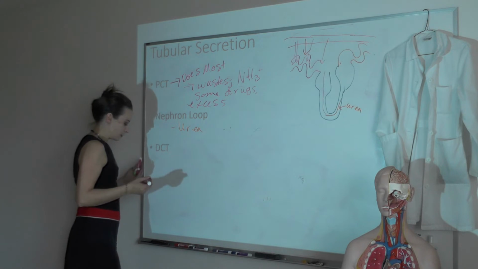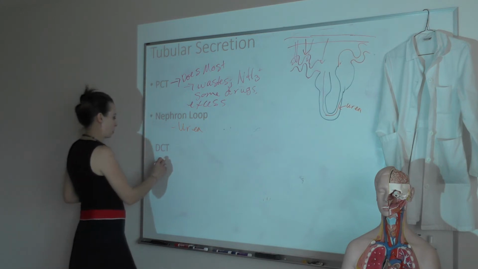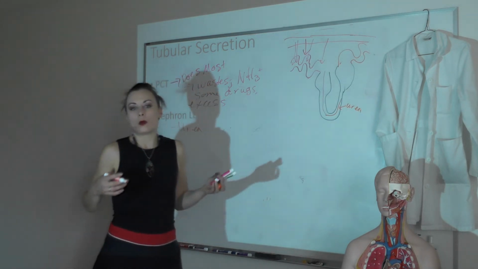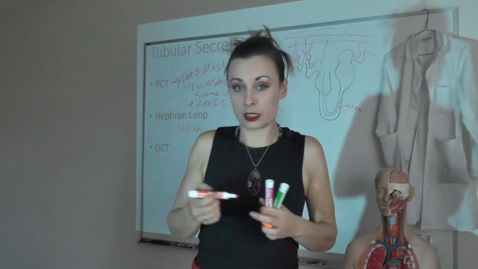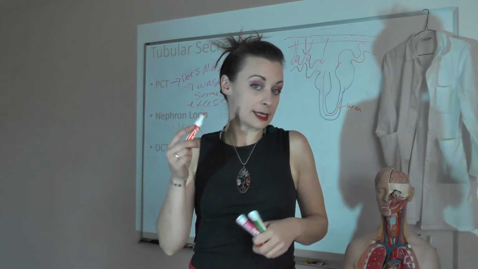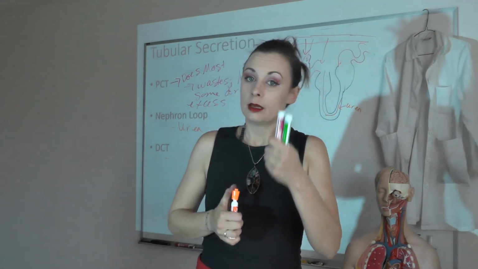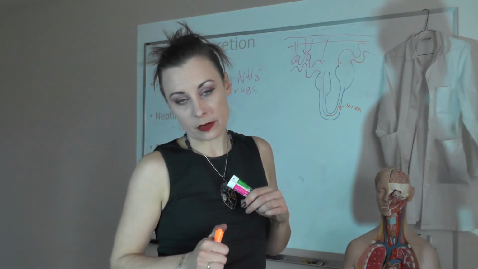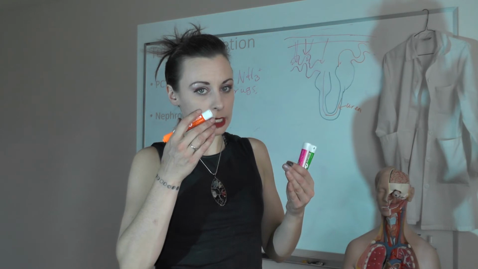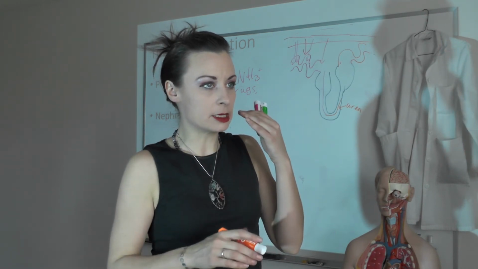And then in the distal convoluted tubule, again, we're under hormonal control. So anytime we've said, oh, if there's an excess of this, you can stimulate excretion by the kidney. Well, if there's an excess of calcium, what hormone is going to stimulate calcium excretion? Calcitonin. And then potassium moves the opposite direction of sodium. So if we're reabsorbing sodium, then we're going to secrete potassium.